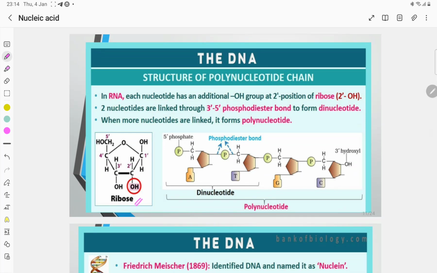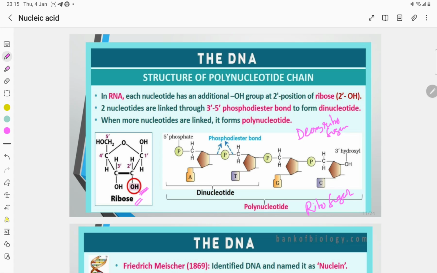The difference between DNA and RNA on the basis of pentose sugar is that DNA contains deoxyribose sugar, and RNA contains ribose sugar. Both are pentose sugars, but in the case of DNA, there is no OH group, no oxygen, present on the second carbon.